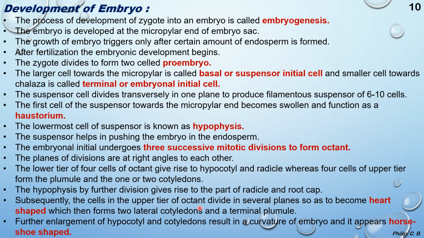Subsequently, the cells in the upper tier of octant divide in several planes so as to become heart-shaped, which then forms 2 lateral cotyledons and a terminal plumule. So here you can see 2 lateral cotyledons are formed and the terminal plumule is also formed, and this octant actually becomes a heart-shaped structure. Then further enlargement of hypocotyl and cotyledons result in a curvature of embryo and it appears horseshoe shaped, and further it takes the horseshoe shape.